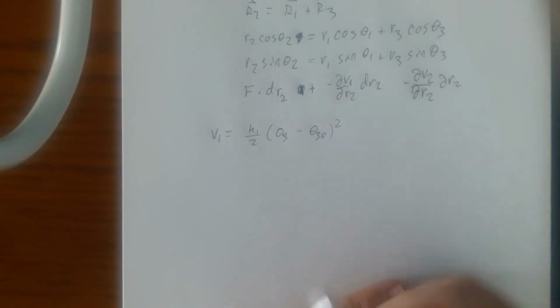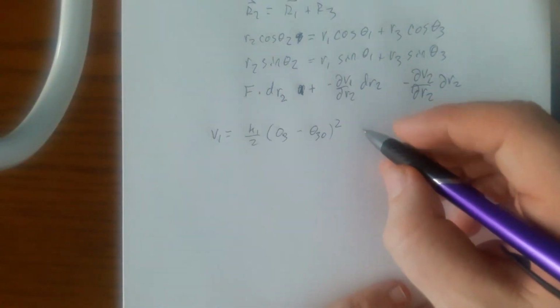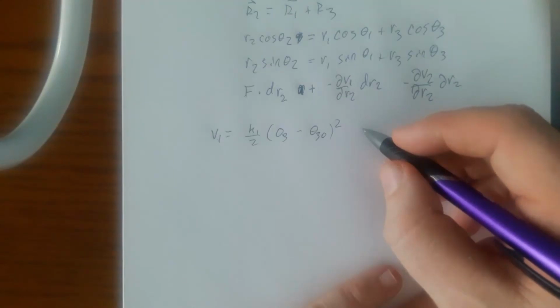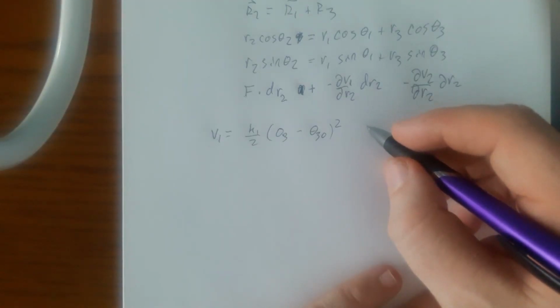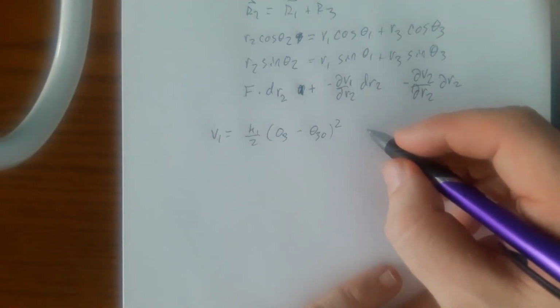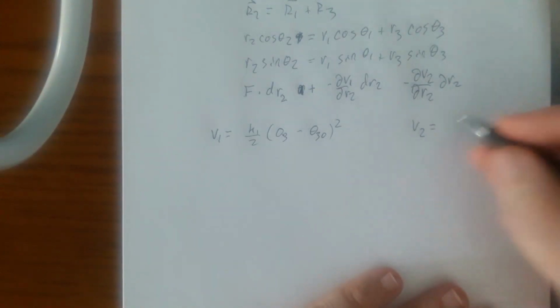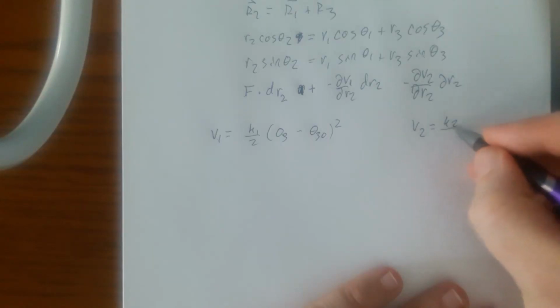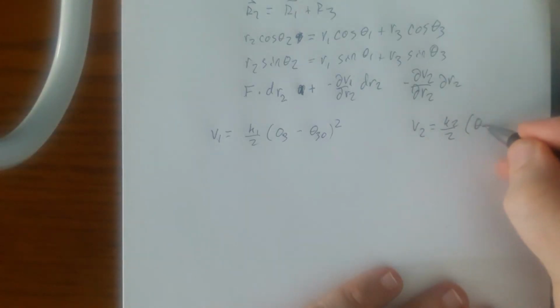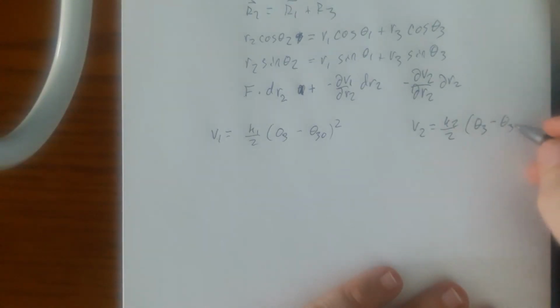And so then we'll also have, for V2, that one will have K2 over 2 times theta 3 minus theta 3 naught 2, squared. And this would probably be a different angle here, so we'll call it theta 3 naught 2 right there. So whatever the initial angles are for those.